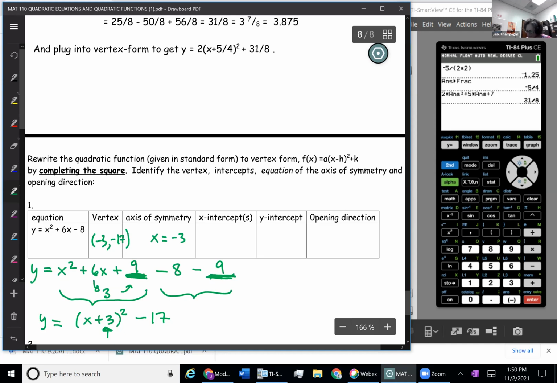Now, the x-intercepts, remember, that's what you get if you solve the equation, the related equation. So we want to solve that. And does this factor? Have to be two different signs to get a negative 8.